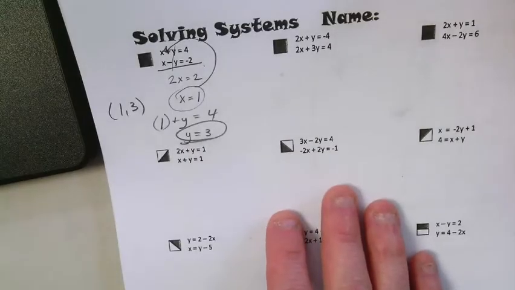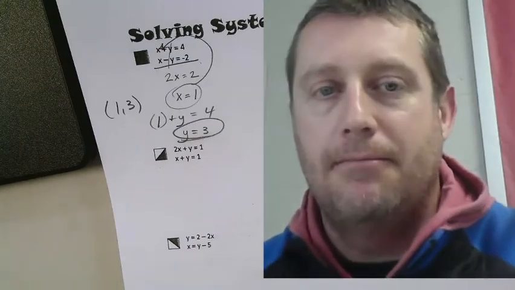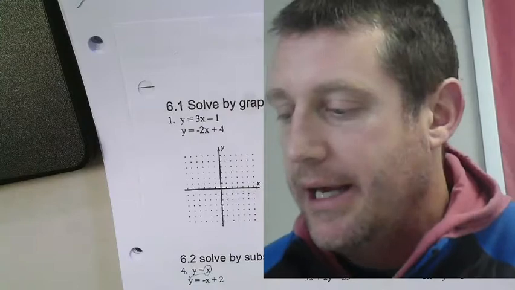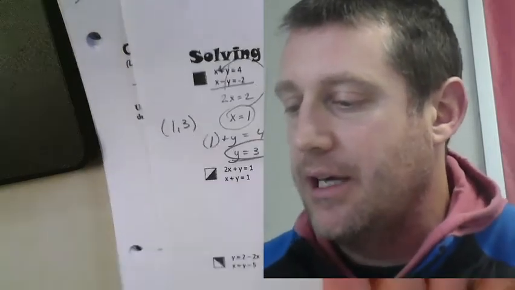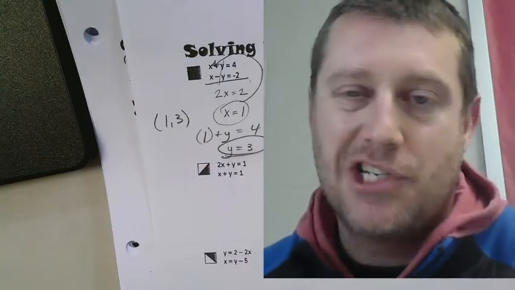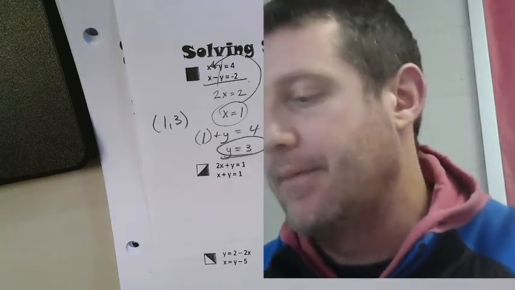The answers to the front side will be on Schoology shortly. On the back side, work through all of those problems, and then the shading portion when we get back to school. So don't worry about that.